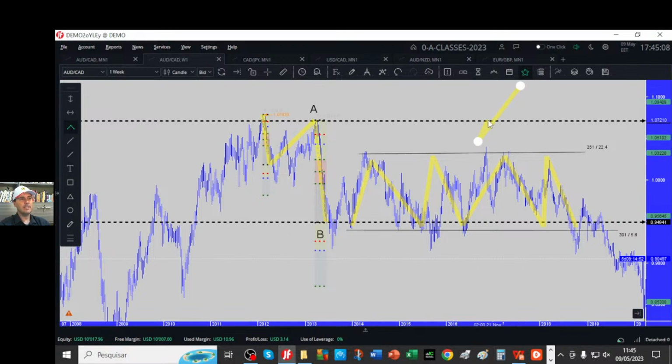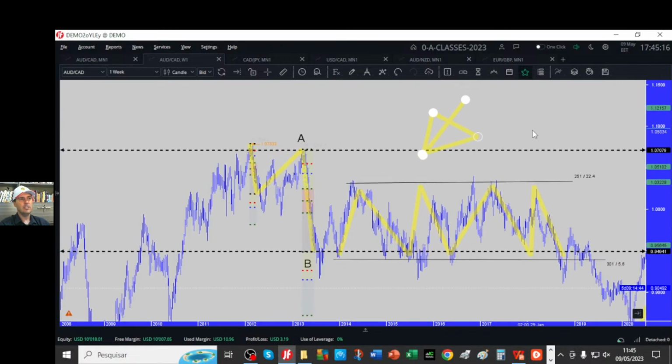The best I can tell you, everybody, is that when you see the Fibonacci and when you see consolidation, you must choose and pick one to trade. Does this make sense to you, Mattia?